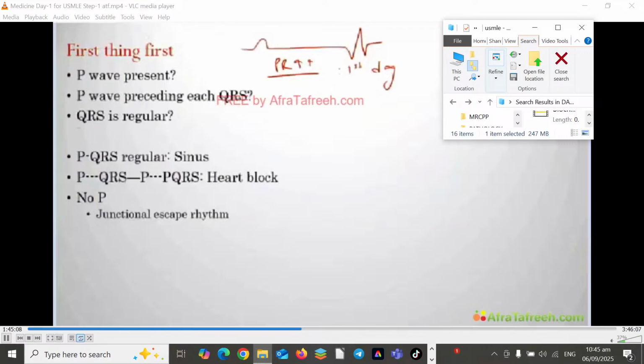Okay. If the P waves are contracting on their own and the QRS is contracting on its own, then there are a lot of P waves in between, and then there is again a QRS. That means there is no synchrony between the QRS and the P waves.